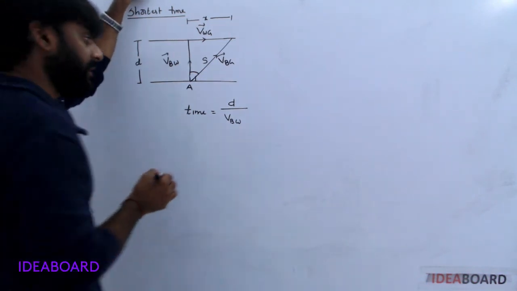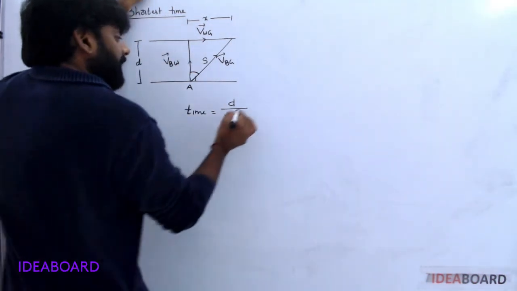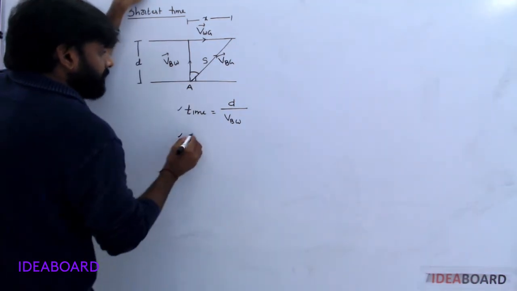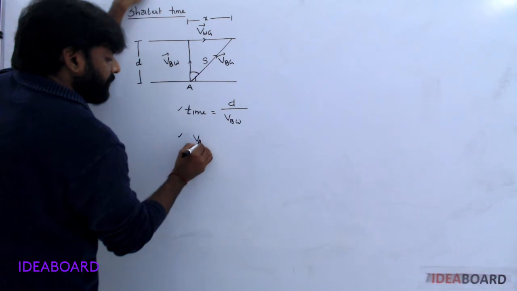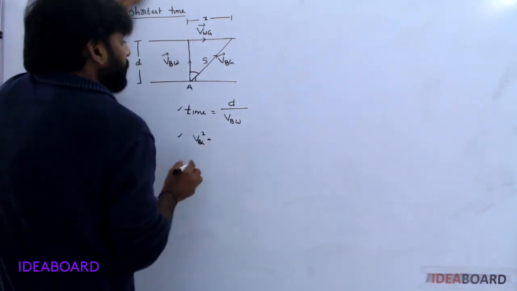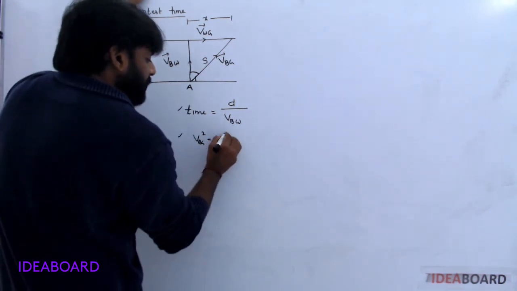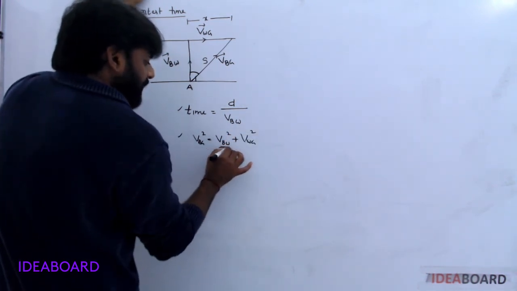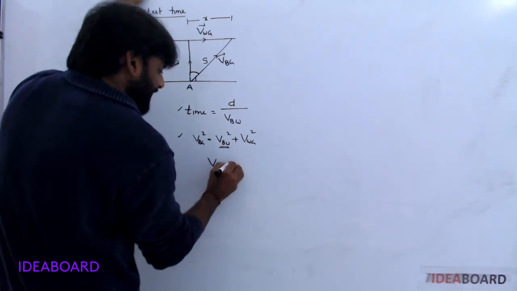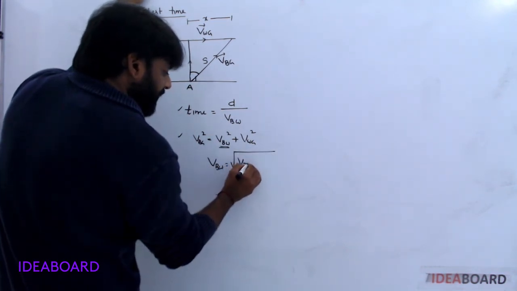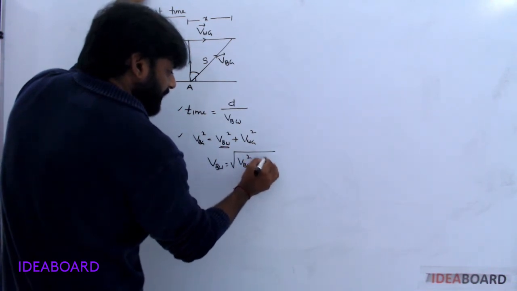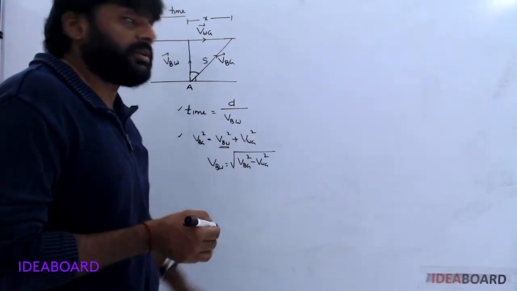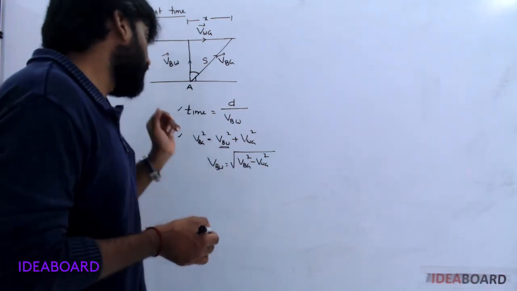Understood? Okay. Or you can write in this case V_BG squared equals boat with respect to water squared plus water with respect to ground squared. So boat with respect to water is equal to square root of boat with respect to ground squared minus water with respect to ground squared. Understood? Okay.